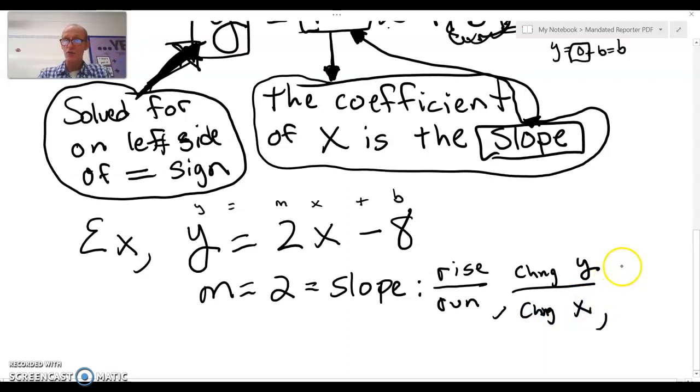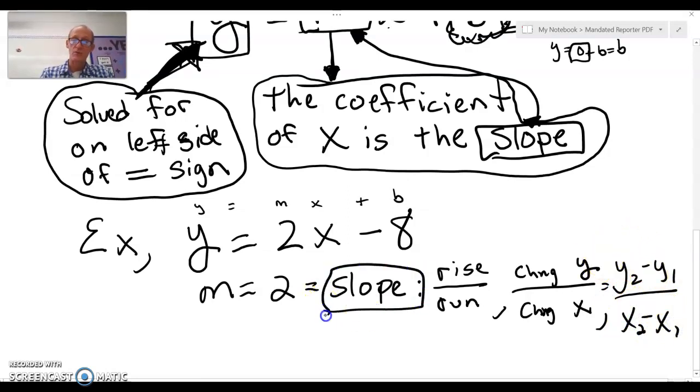Then you have a formula which is y2 minus y1 divided by x2 minus x1. So there's the formula for slope. All of that goes into this number here when y is solved for on the left-hand side.